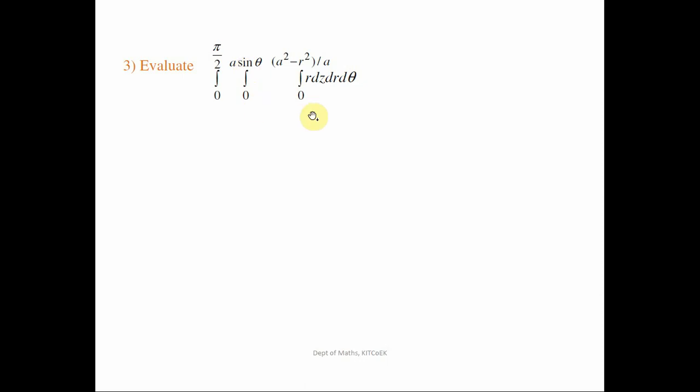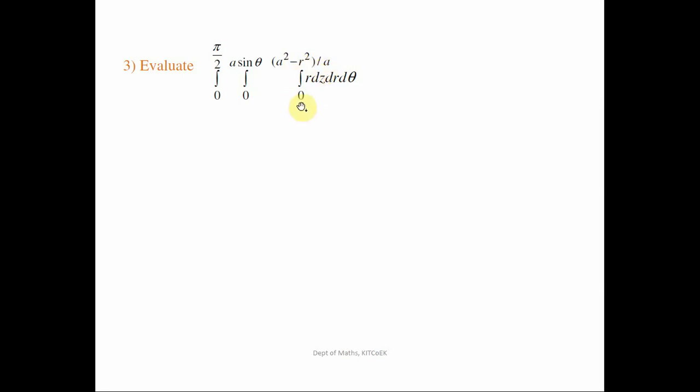So in such a case, whenever the limits of the inner integral are functions of a single variable, we will integrate with respect to the variable given first in the differential. So in the sequence dz dr d theta, we will need to integrate with respect to z first between the limits 0 to a square minus r square by a.